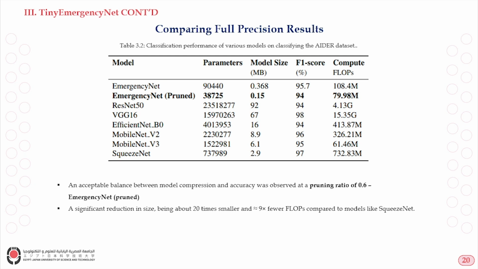After the pruning, remember we mentioned that we did various pruning ratios, but I did emphasize that we took 0.7 as the chosen pruning ratio. And so at that pruning ratio, we got an F1 score of 94. So that's a drop by 1%, but we actually reduced the parameters by almost half.